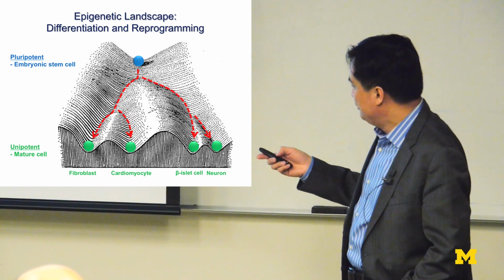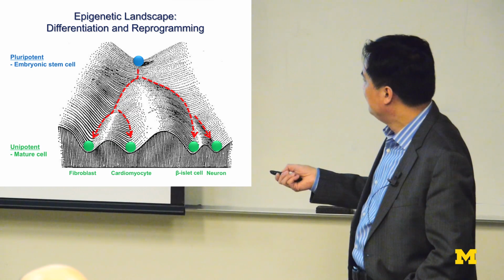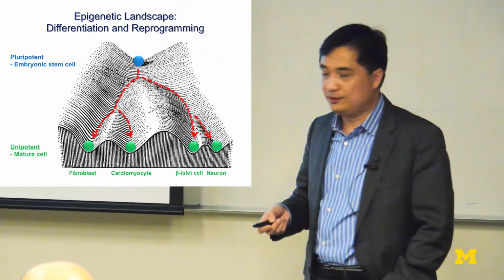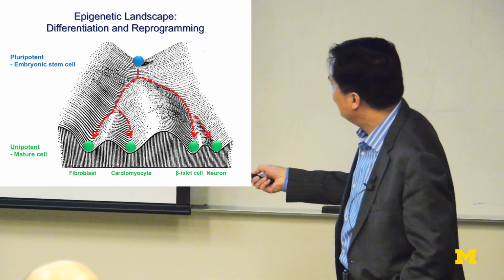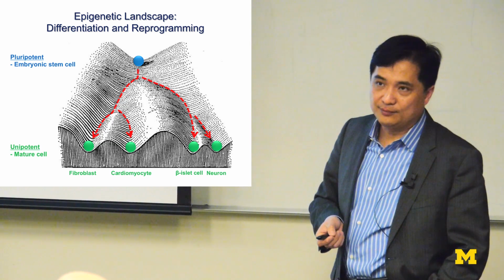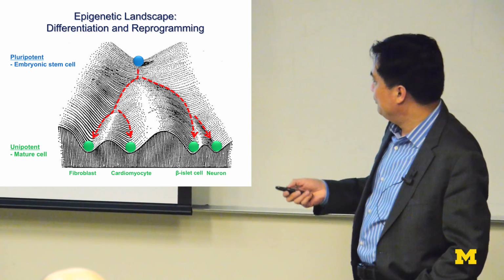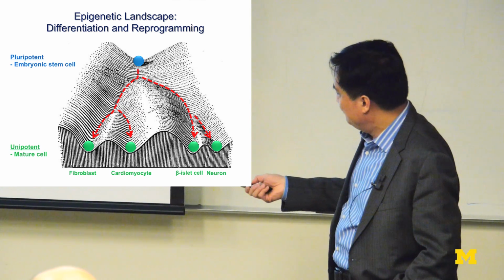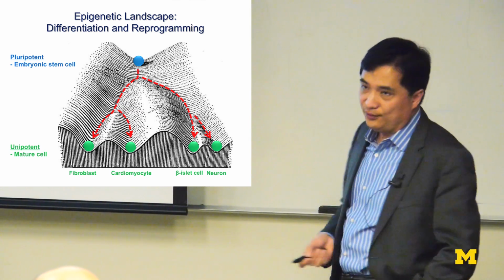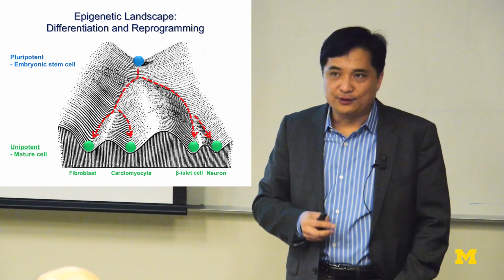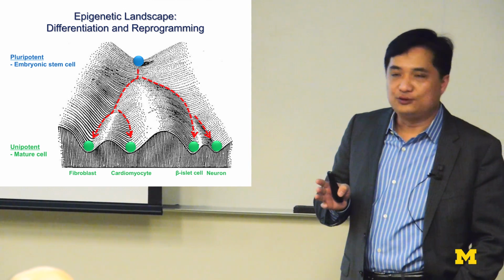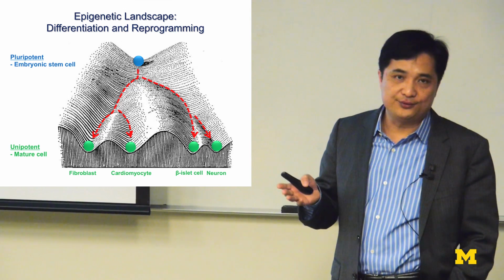But in the last decade, people have shown that it is possible to move the cells around this landscape by cell reprogramming. For example, you can use the Yamanaka factors, which are four transcriptional factors, to turn a fibroblast into pluripotent stem cells. In recent years, people have also shown it is possible to overcome this barrier to turn a fibroblast into cardiomyocytes, neurons, etc. All of these were done with biochemical factors, transcriptional factors or chemical compounds.